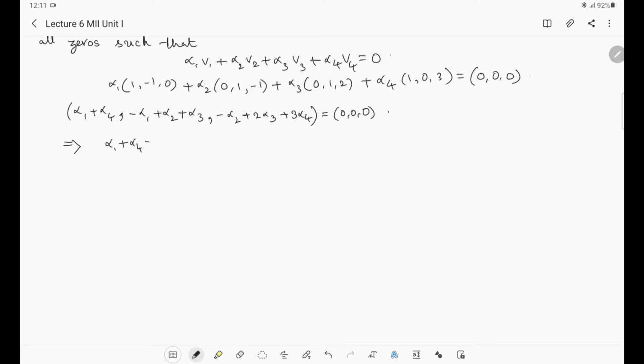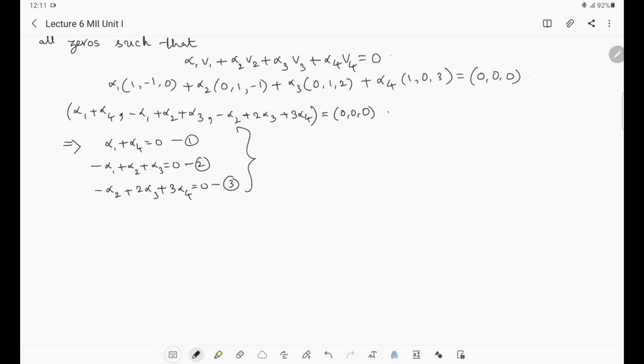Alpha 1 plus alpha 4 equals 0. The second equation is minus alpha 1 plus alpha 2 plus alpha 3 equals 0. The third equation is minus alpha 2 plus 2 alpha 3 plus 3 alpha 4 equals 0. So we got three equations: equation number 1, equation number 2, and equation number 3.